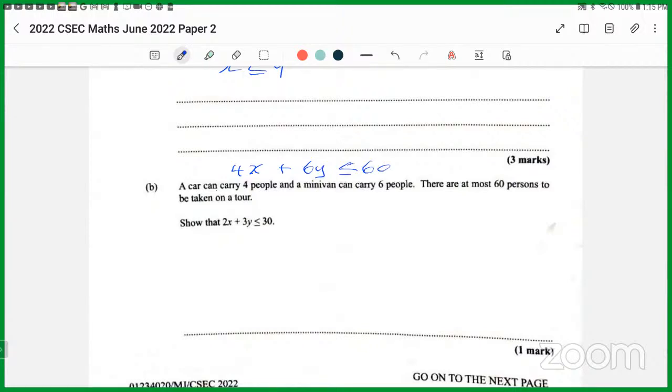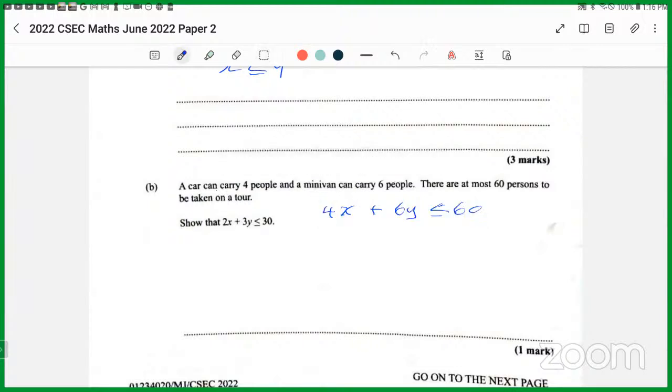That's an inequality, you know. What they have done is to show this, so I have to show that this is what they have said. To get this, we divide by 2. Let me shift it here.